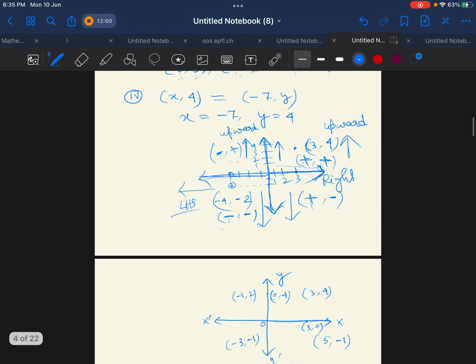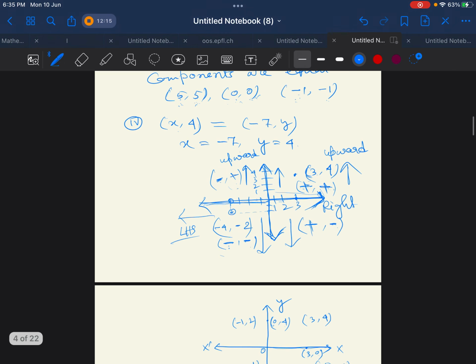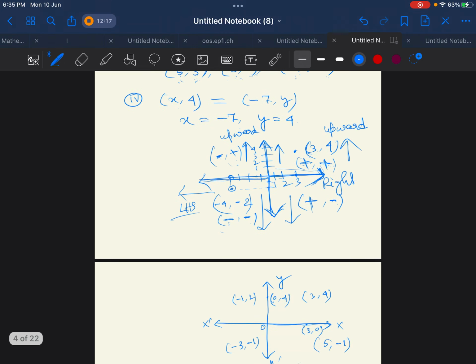Now we read the coordinate quadrants. In the first quadrant we will discuss this.